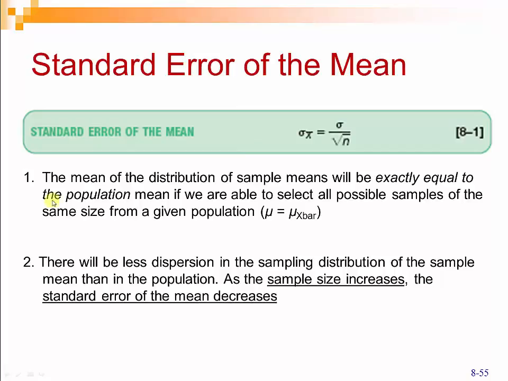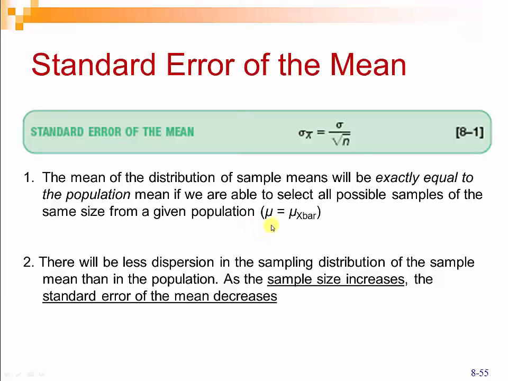So let's look at the standard error of the mean. The standard error of the mean uses sigma to indicate that it's referencing the population, and the sub x bar to indicate that it's the sample means distribution. The mean of the distribution of sample means will be exactly equal to the population mean if we are able to select all possible samples of the sample size from a given population.